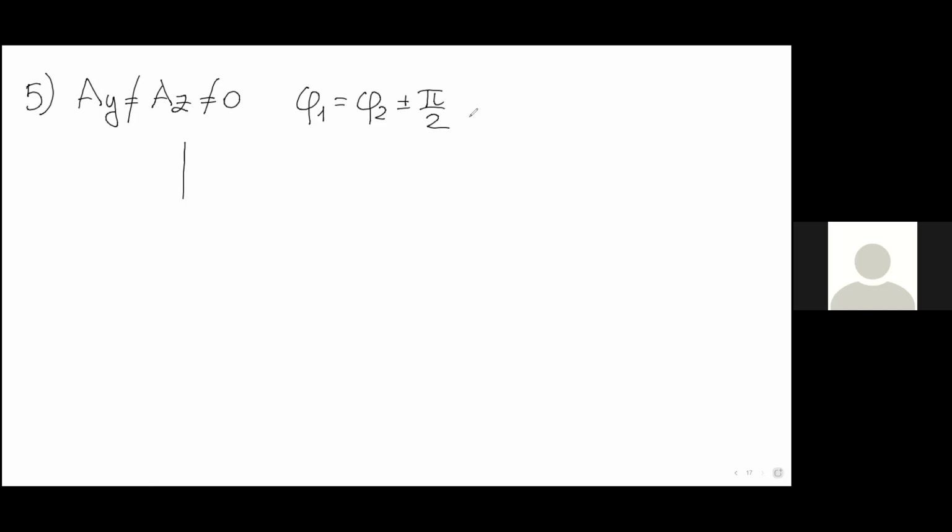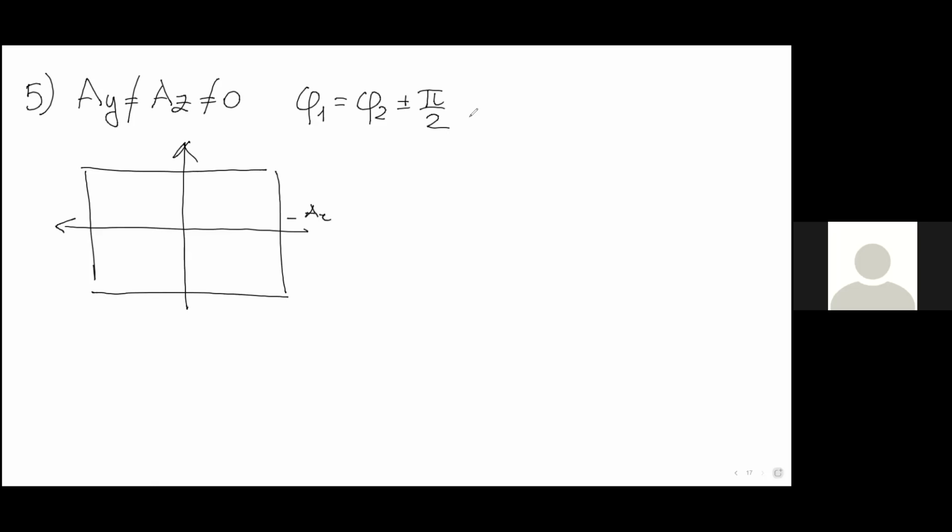Then one observer sees the same rectangle here, you have two fields oscillating between two different extrema, but the two oscillations are out of phase by pi over 2.